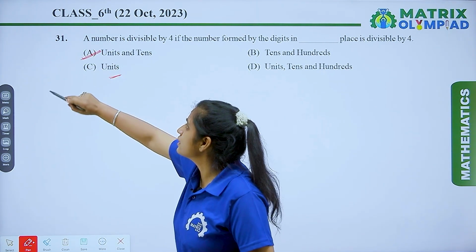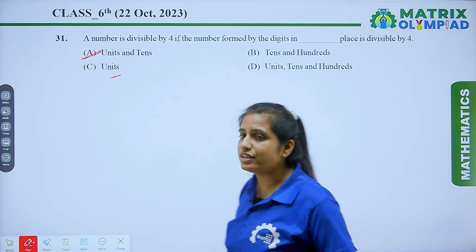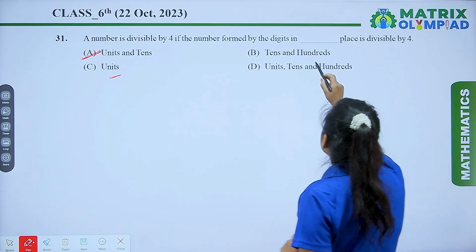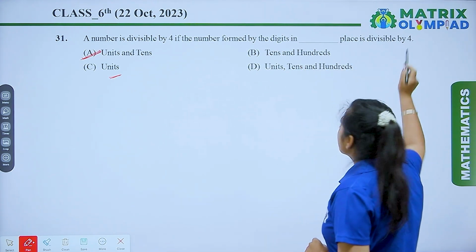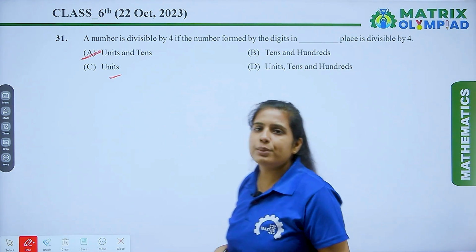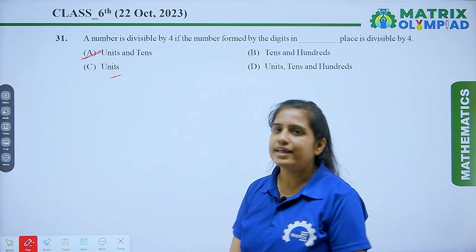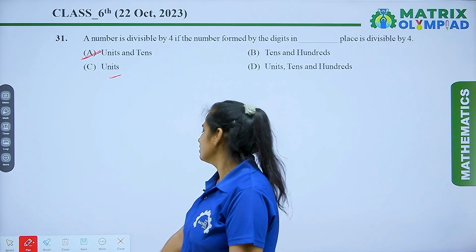These 2 places mean option A is the correct answer. That is, if the unit place and tens place number is divisible by 4, only then the number is divisible by 4. So here option A is the correct answer.